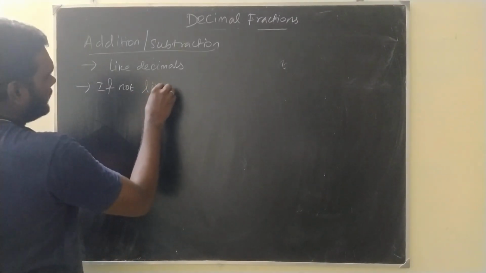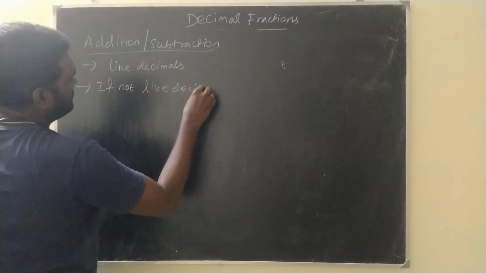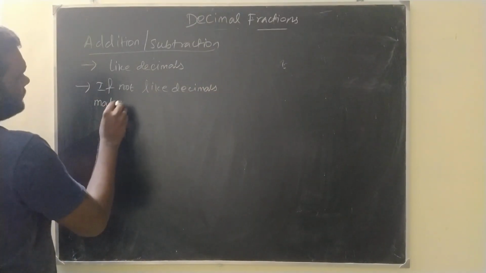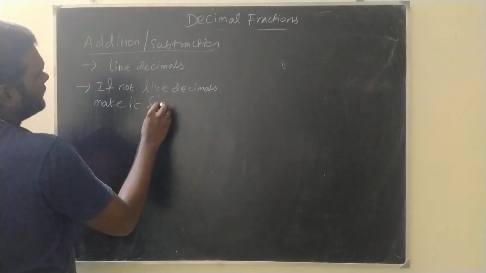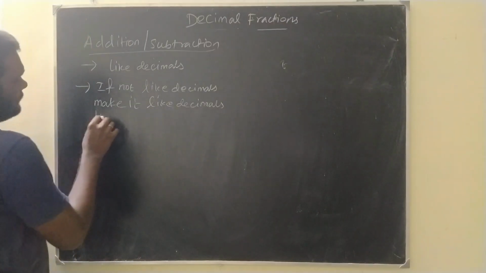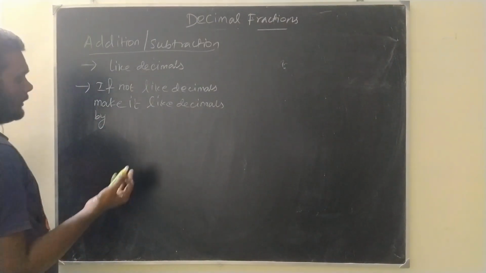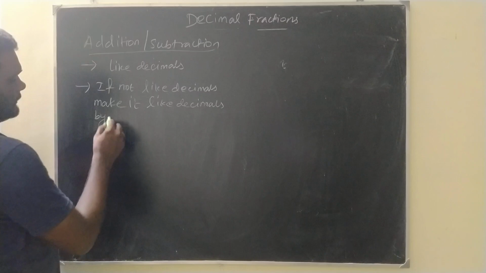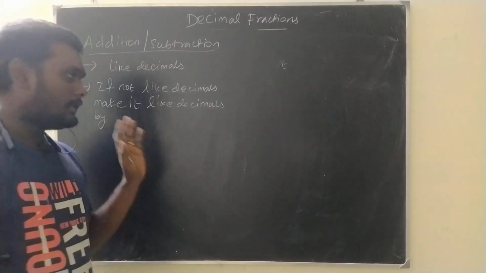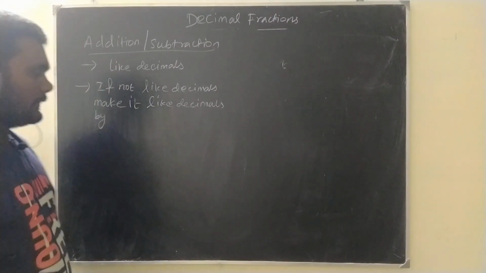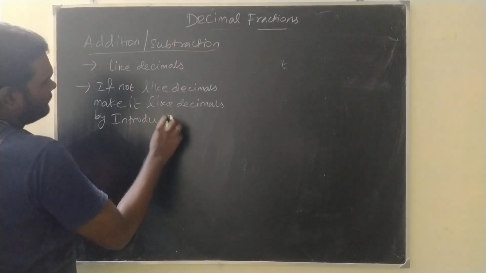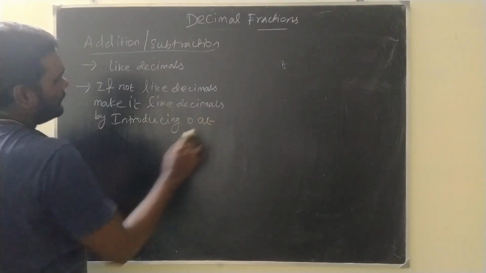If not like decimals, we should make them like decimals by writing zeros. We are not really adding zeros, we are just introducing new decimal places by introducing zero at the last.